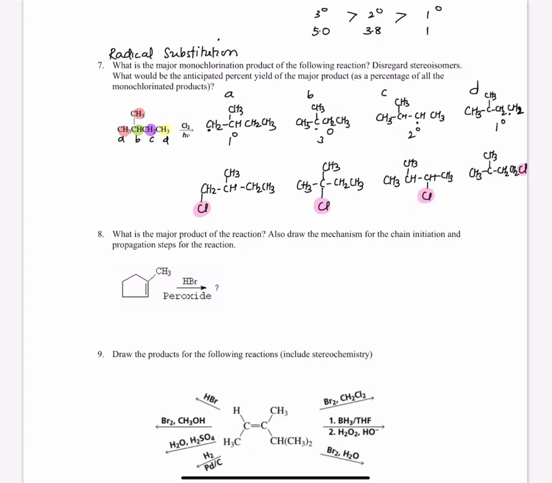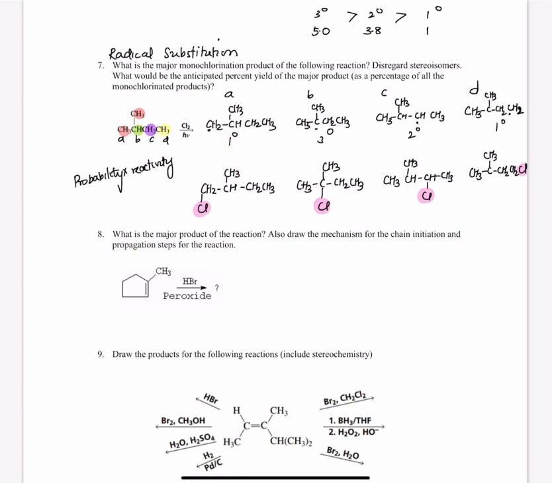Now, what would be the major product for this reaction, and what would be the percentages of these products that will be obtained? For that we have to do a little calculation here. We are going to multiply the probability and reactivity together and arrive at the percentages of these different products. So this one is creating a primary radical.